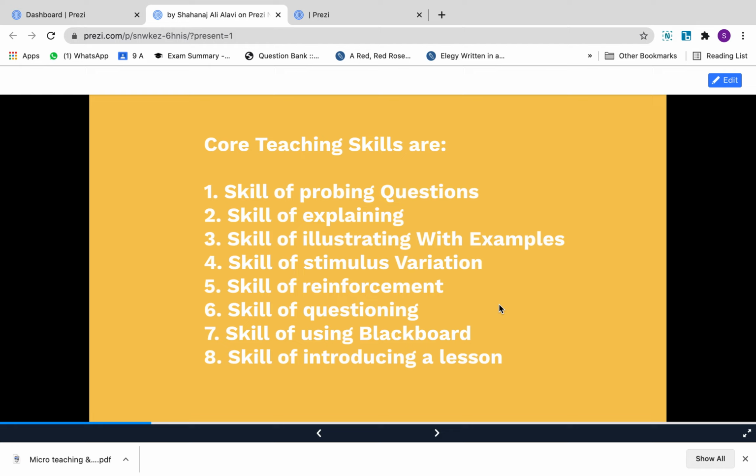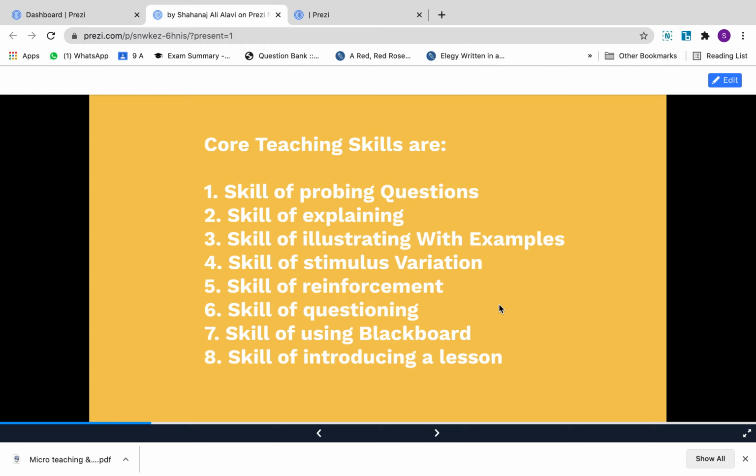So for that, the skill of probing question is considered as one of the core teaching skills. And then the skill of explaining, that is the second one. It means one should be able to explain the things, whatever they are discussing in the class, or what they are teaching in the class.